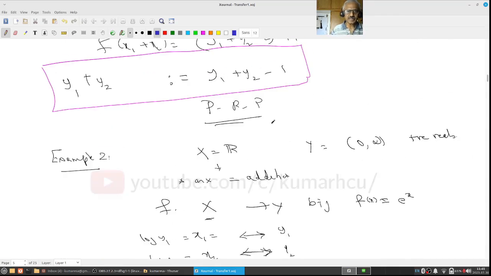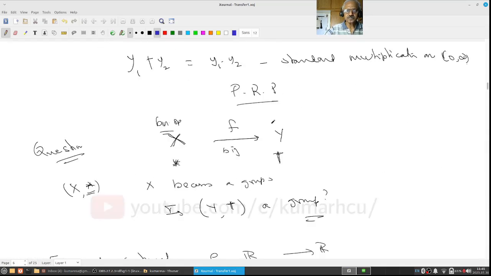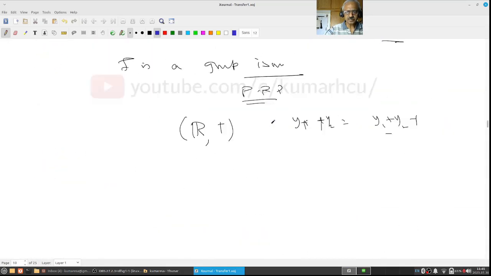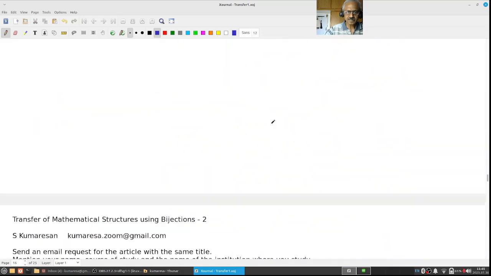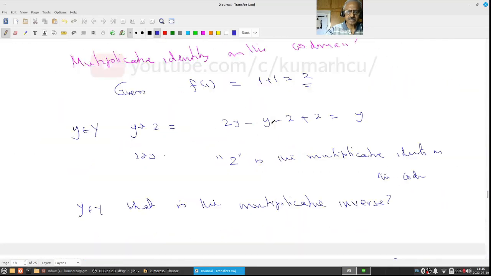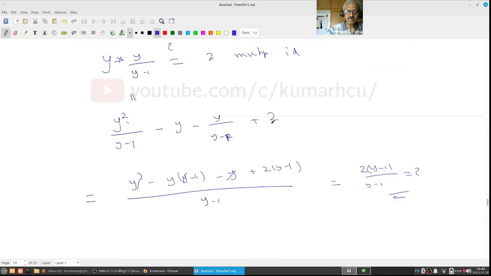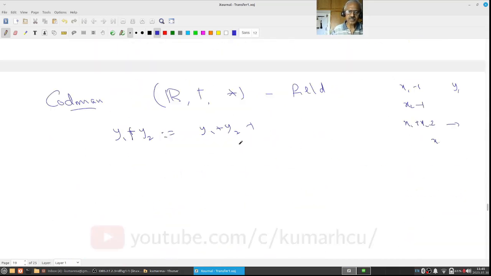Is that correct? Okay. Right. And y1 star y2 equals y1 y2 minus y1 minus y2 plus 2.